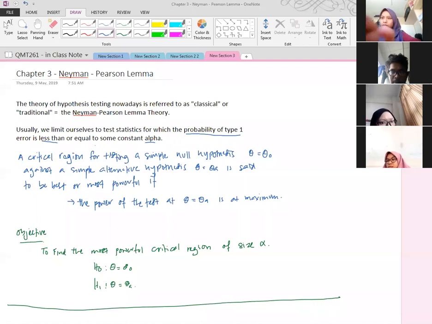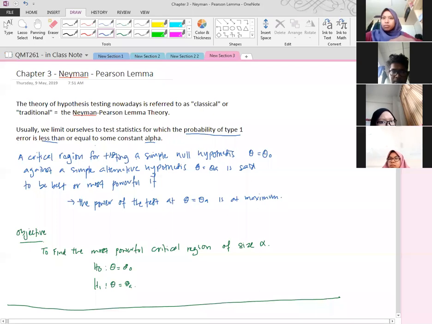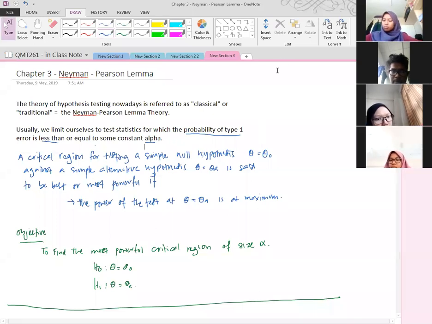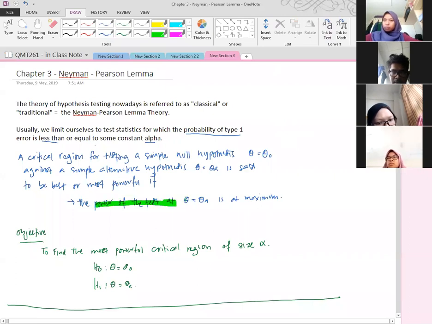Now, a critical region for testing a simple null hypothesis, theta equal to theta naught, against the simple alternative hypothesis, theta equal to theta A, is said to be the best or most powerful if the power of the test at theta equal to theta A is at maximum.